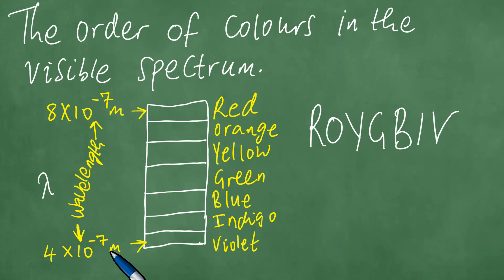Okay, so look at that very carefully, but also realize that you have the frequencies and the wavelengths changing according to the diagram. Okay, we can stick to red having 8 times 10 to the minus 7, and violet being 4 times 10 to the minus 7.